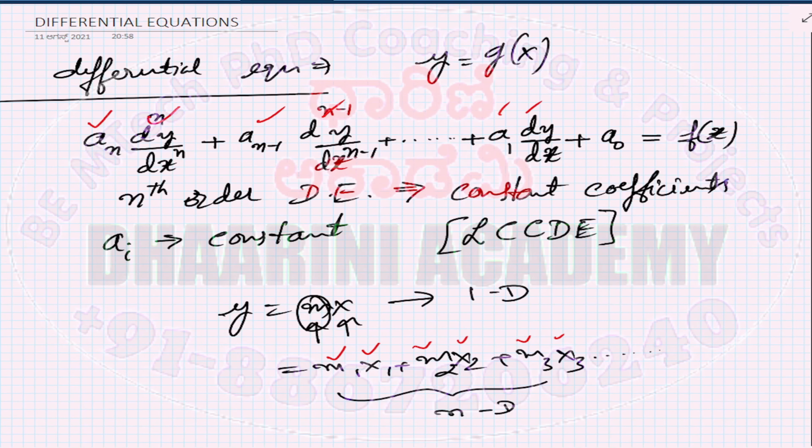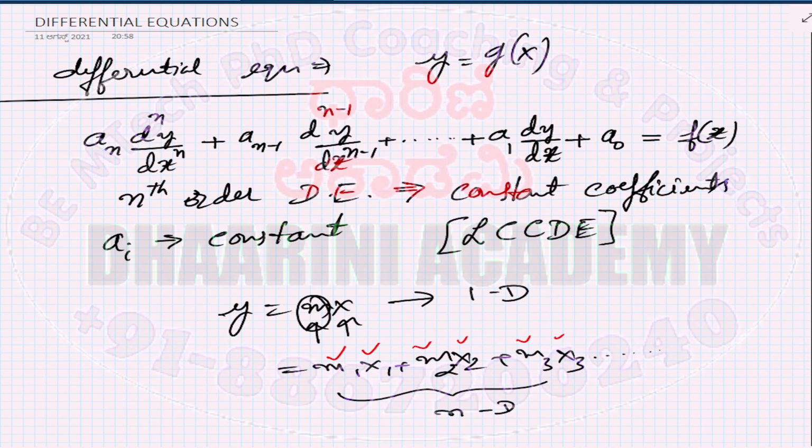So I understand that a_n d^n y by dx^n is in the m into x format. Because of this kind of representation, the equations are also called linear constant coefficient differential equations. Now, somehow we formed the differential equation. Now we want to go back.